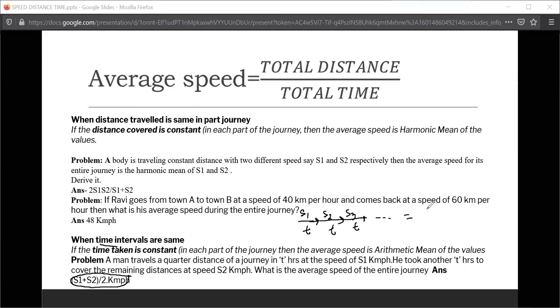Then in this case, the average speed will be s1 plus s2 plus s3 up to sn by n. I hope you got it. Let's move to the next slide.